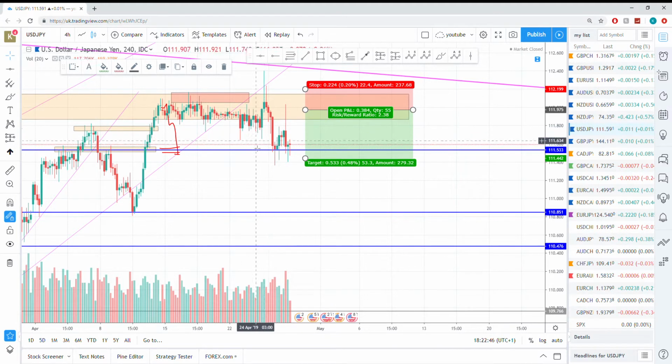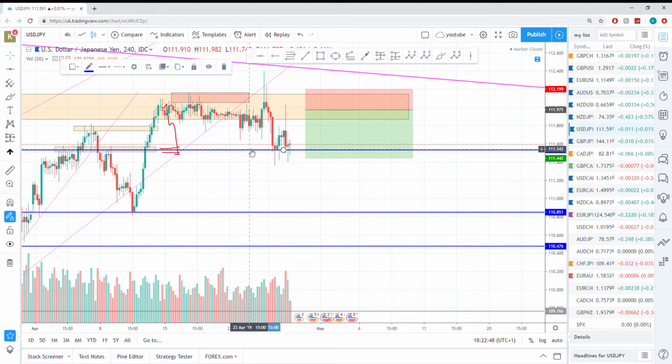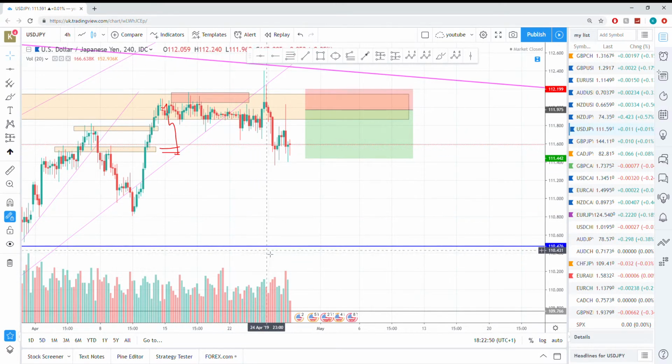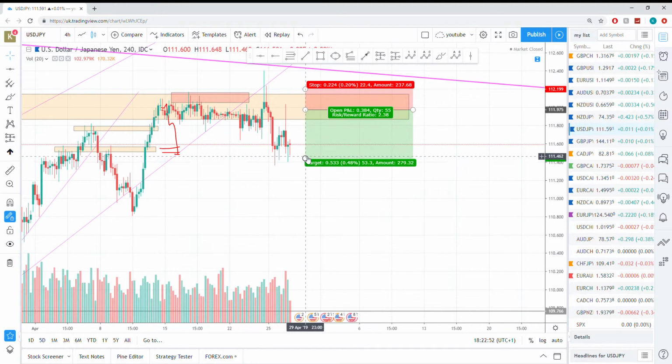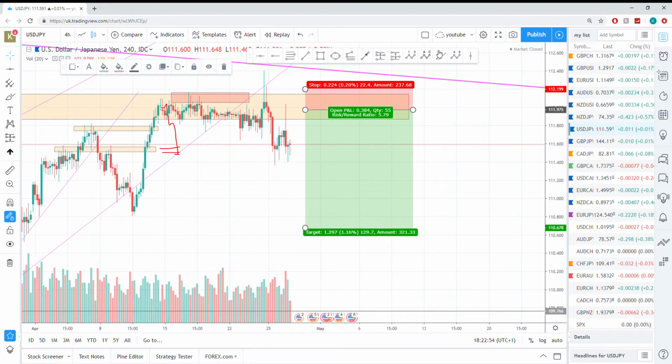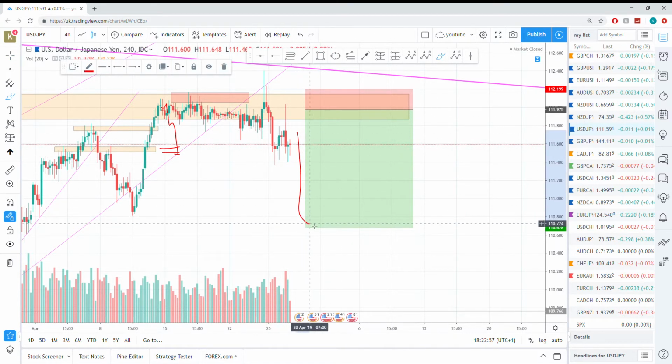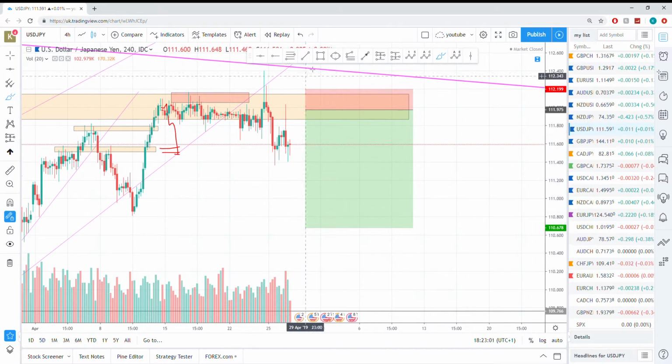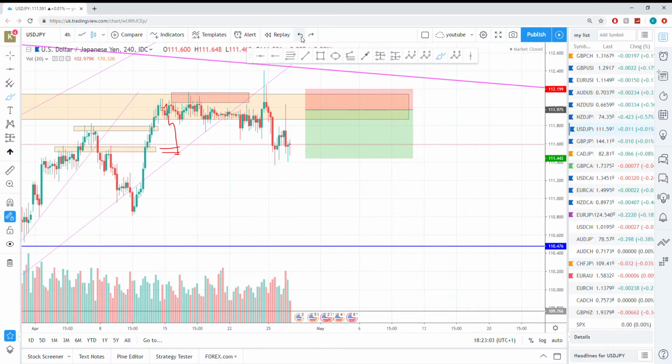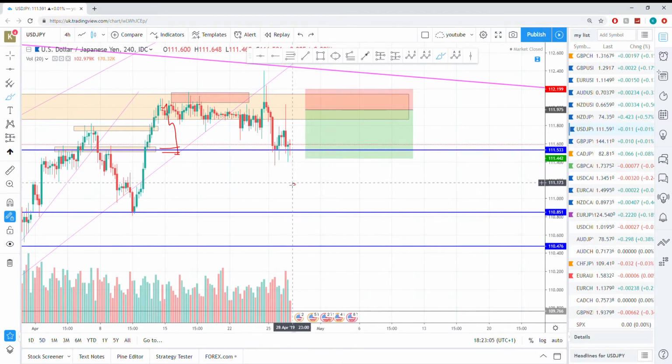However, if we didn't have these zones here, you wouldn't know where price would reverse. So price could come all the way here and just miss out your take profit zone and come all the way back negative, and we don't want that to happen. So these here are key zones that we look for.